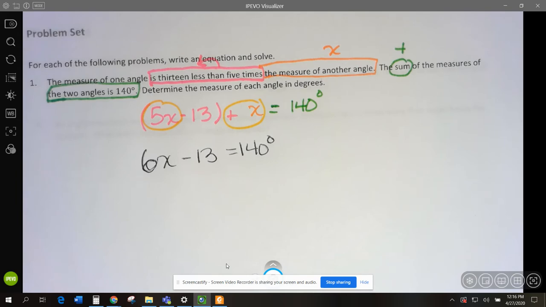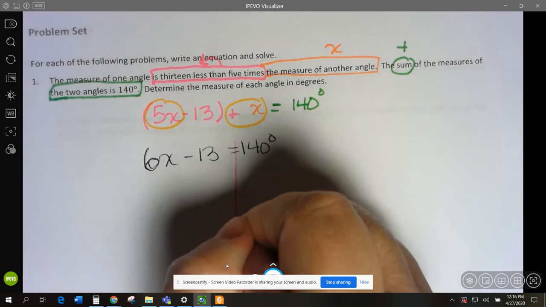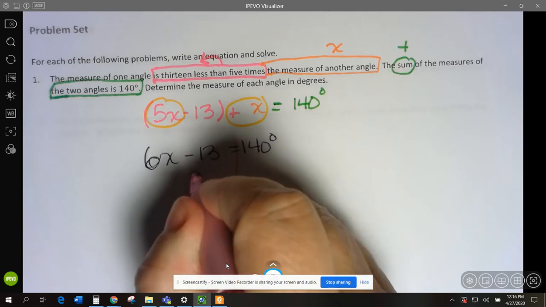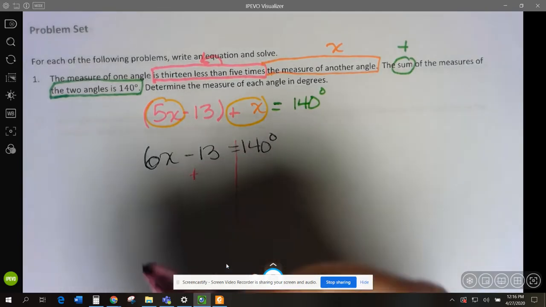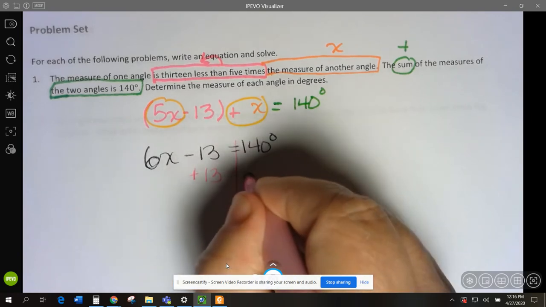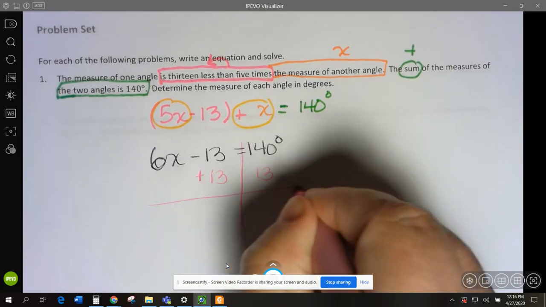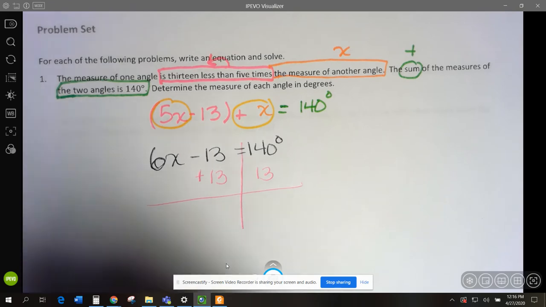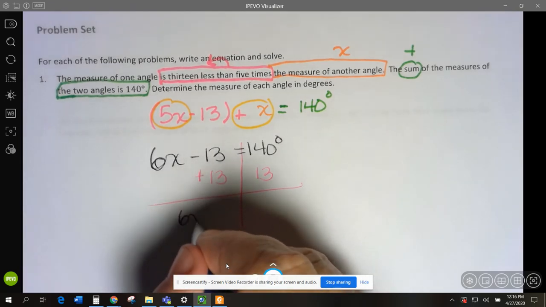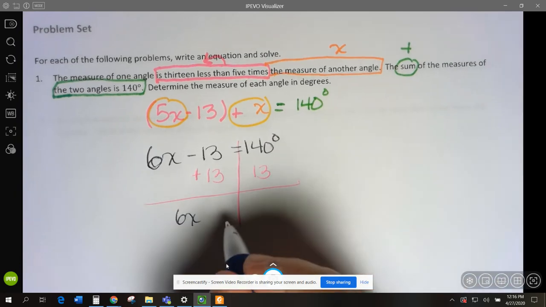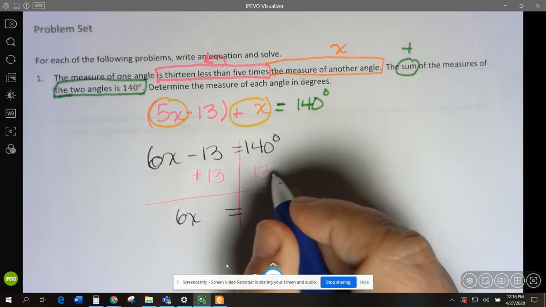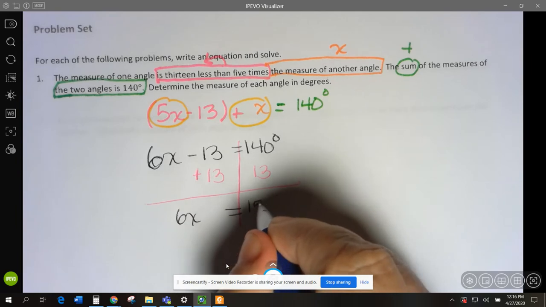Now, let's subtract 13 from both sides. I'm sorry, we need to add 13. We have a subtracting 13 here. To get rid of subtracting, we have to add 13 to both sides. So we will get 6x plus 0, which is just 6x, equals 140 plus 13, which is 153 degrees.